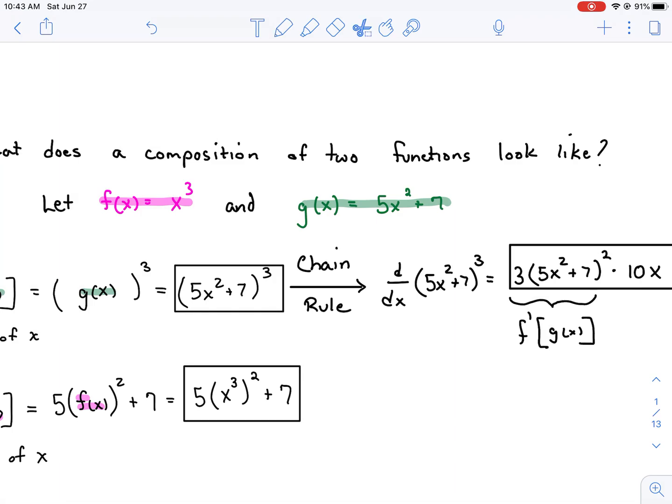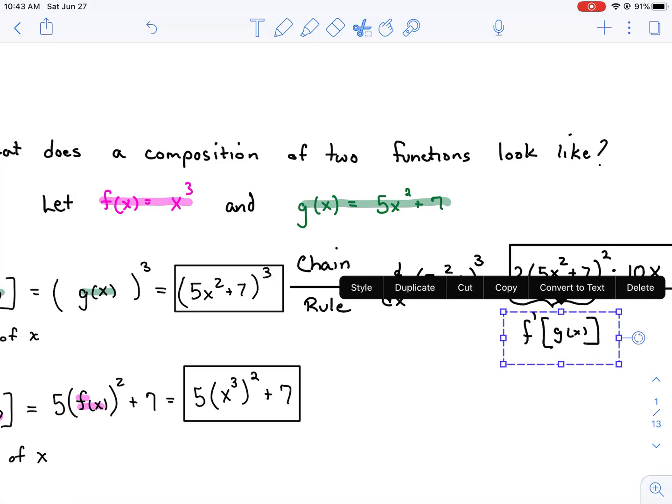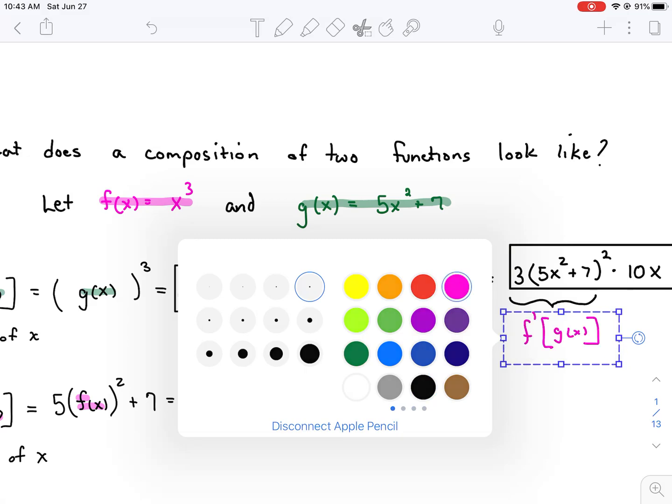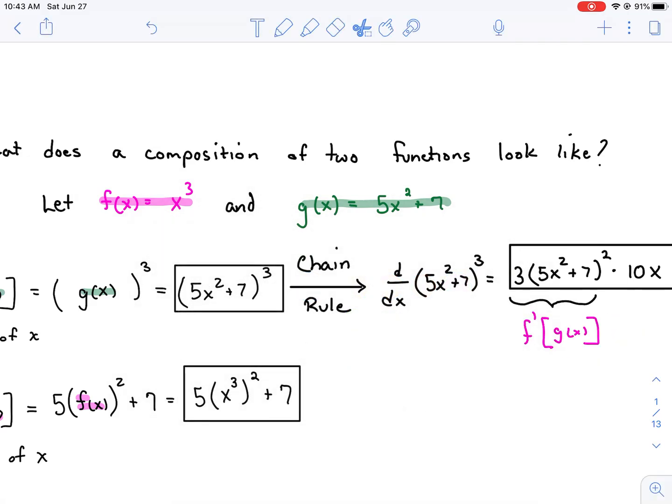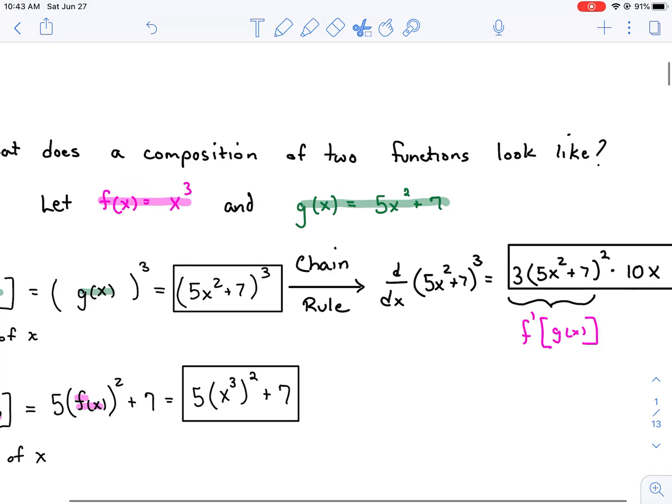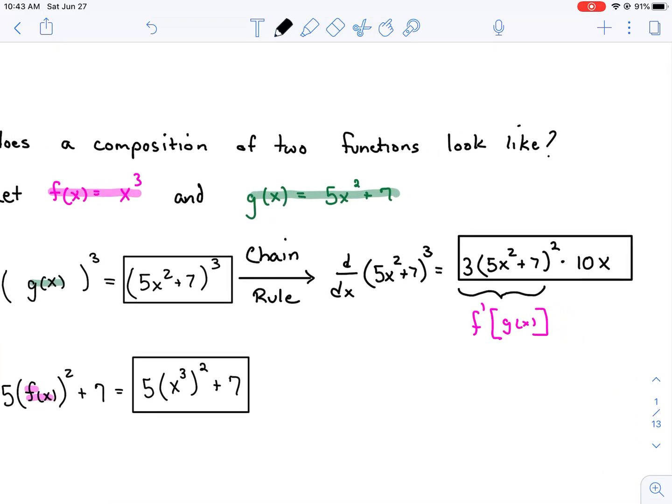Because notice that the derivative of f is 3x squared. Then over on the left, 10x, that is the derivative of g.